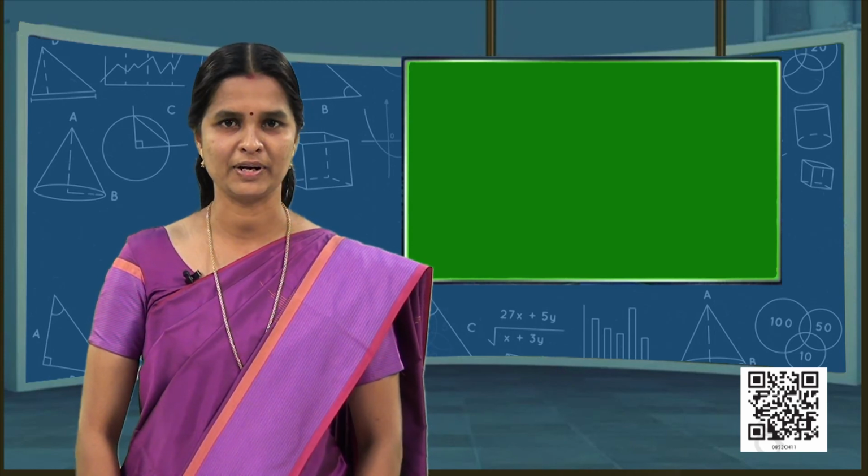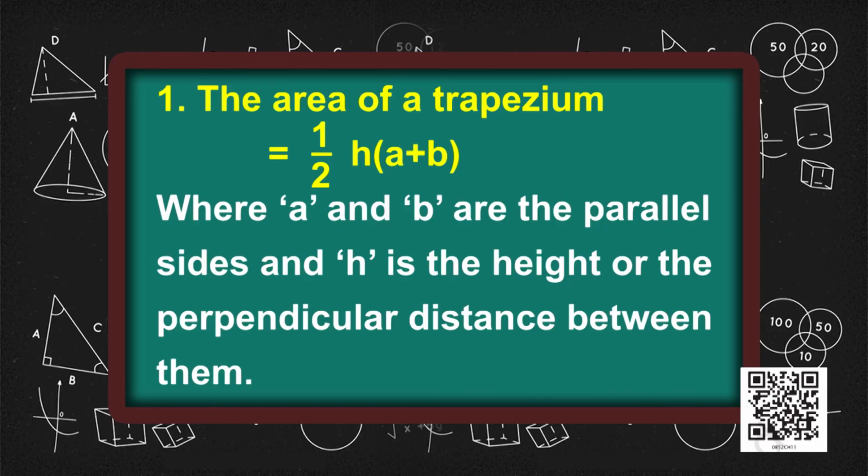Now, let us summarize what we have learned today. The area of a trapezium is equal to half into h into (a plus b), where a and b are the parallel sides of the trapezium and h is the height or the perpendicular distance between them.